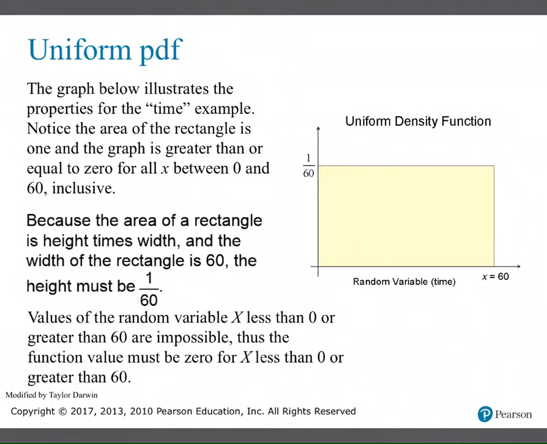But the question is, how are we getting this 1 over 60? If you agree, first off, that this is a rectangle, and like we said, this represents the area, and the area needs to equal 1. We also know that the area of a rectangle is length times width. Well, we already have the width.